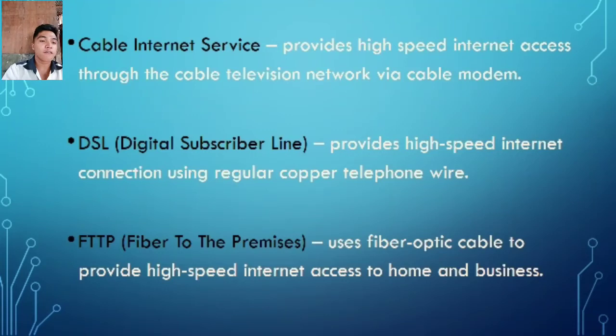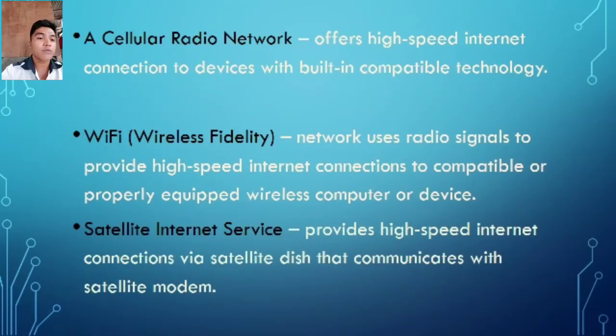FTTP or fiber to the premises uses fiber optic cable to provide high-speed internet access at home and business. Cellular radio network offers high-speed internet connection to devices with built-in compatible technology.